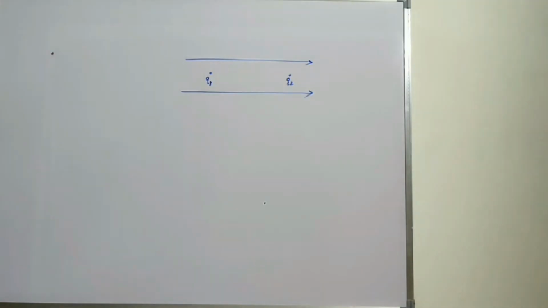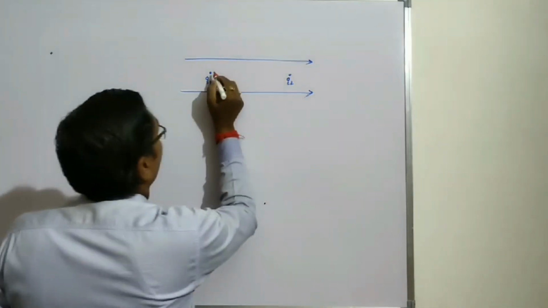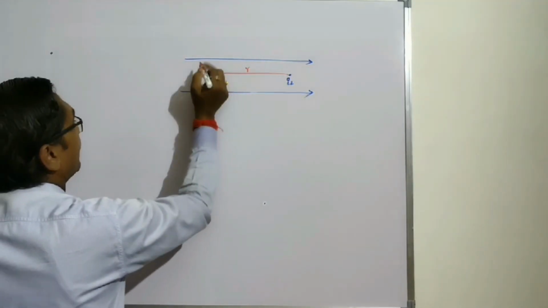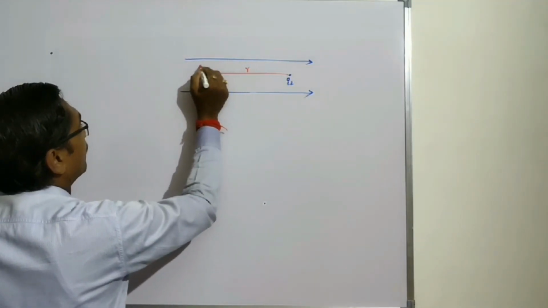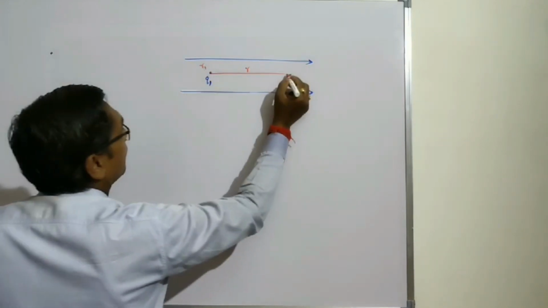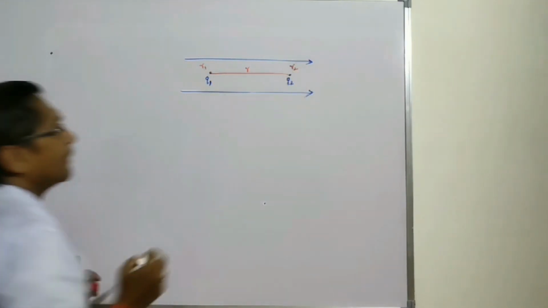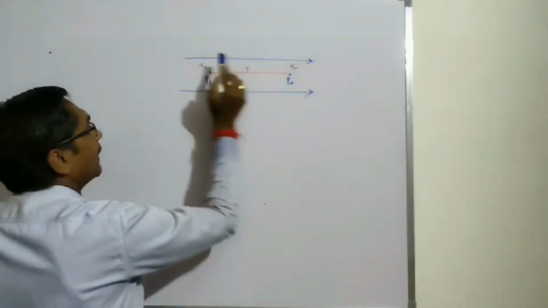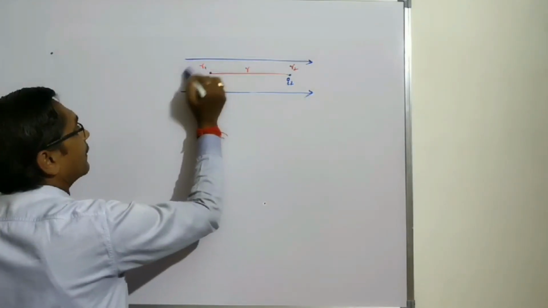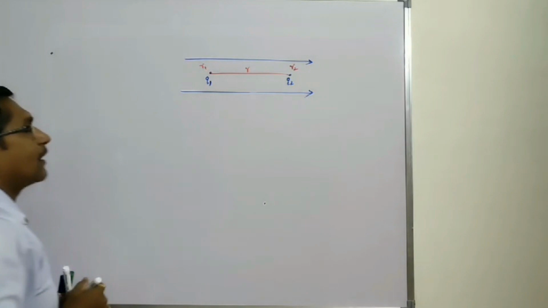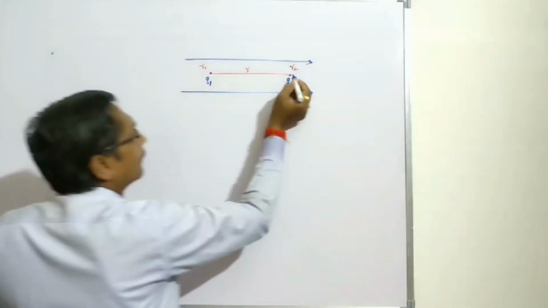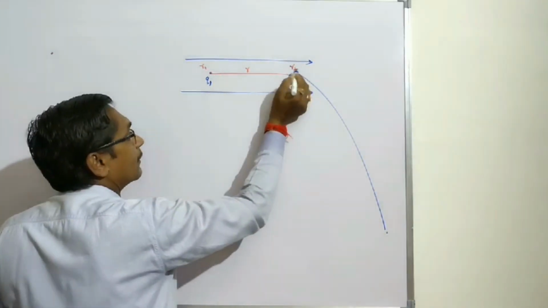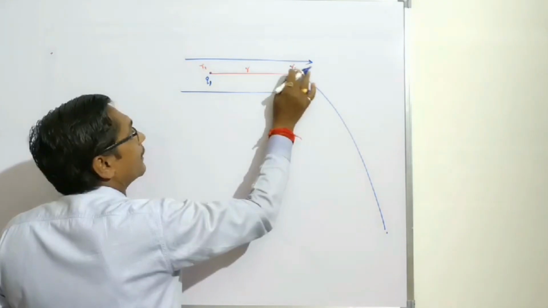They are separated by some distance R. Here the electric field is a function of the R1 position vector, and here the electric field is a function of the R2 position vector. That means this is a non-uniform field.